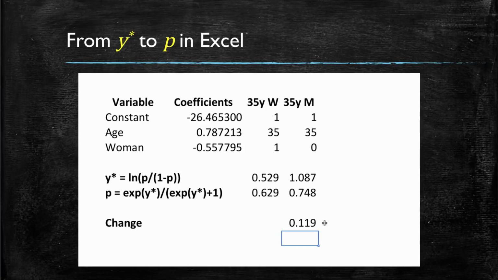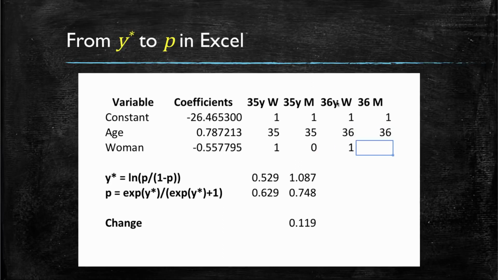Now let's do another exercise. Let's, for instance, test what is the impact of one more year of age for each of the two genders. And let's look at a 36-year-old woman and a 36-year-old male. We're going to have ones here, 36 and 36.